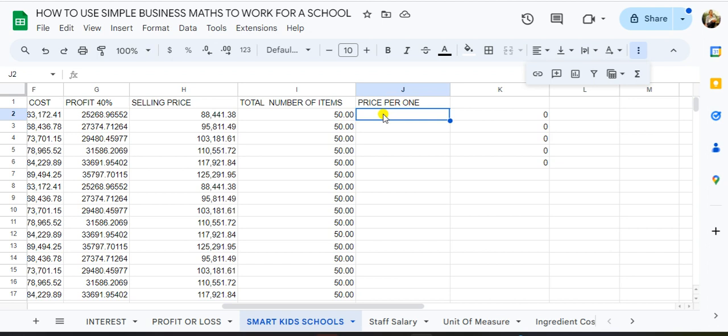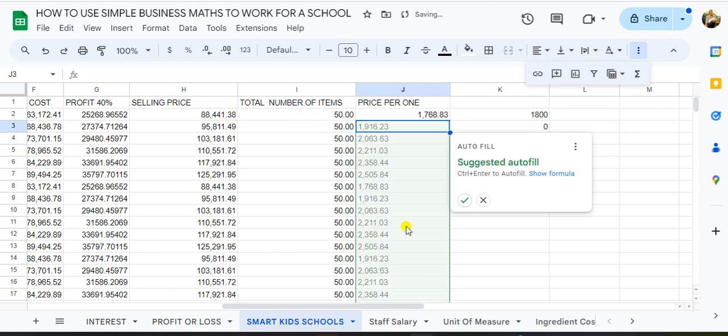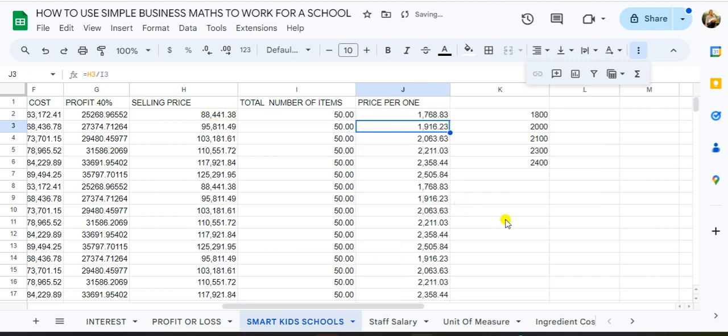So price per one. How do we determine how much we are going to sell each book, each uniform, and all of that? You still do equal to the selling price, and you divide it by the total number of students, which is 50. You see, it has calculated it for them.